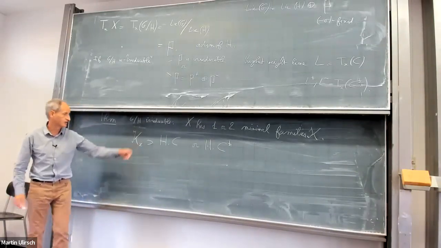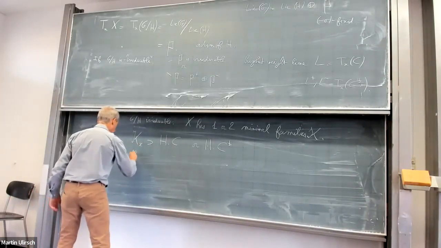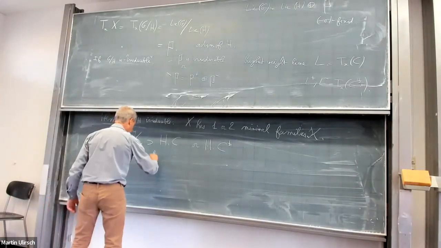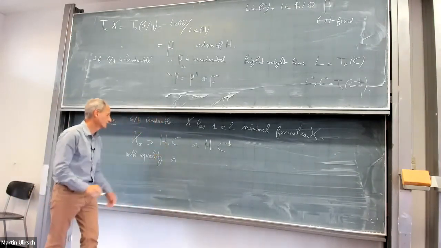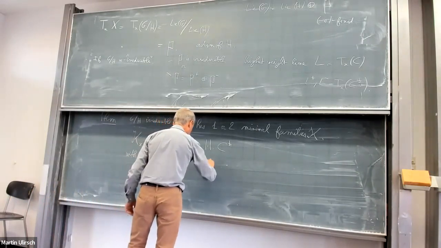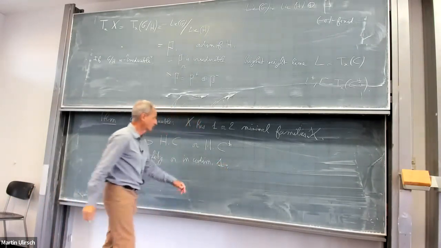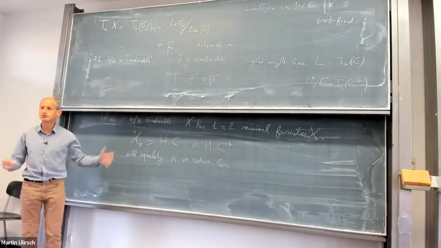And either equality, or as divisors. So these orbits give you either the whole space or some divisor.